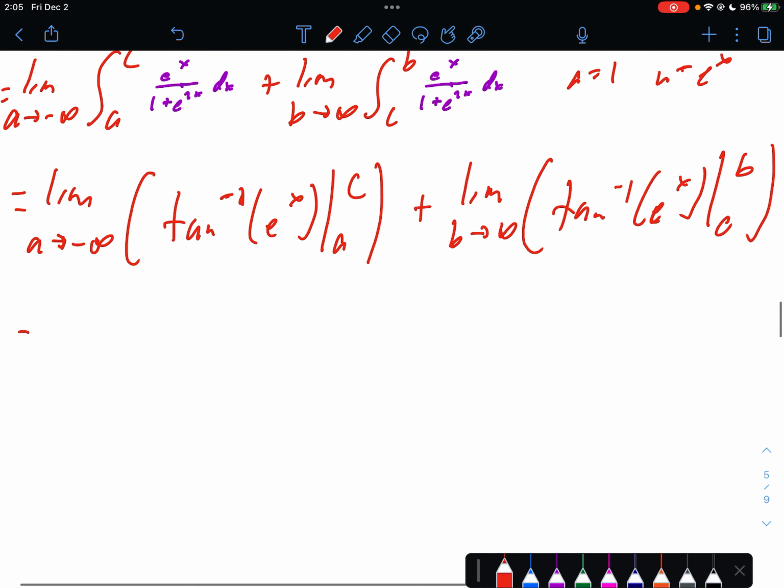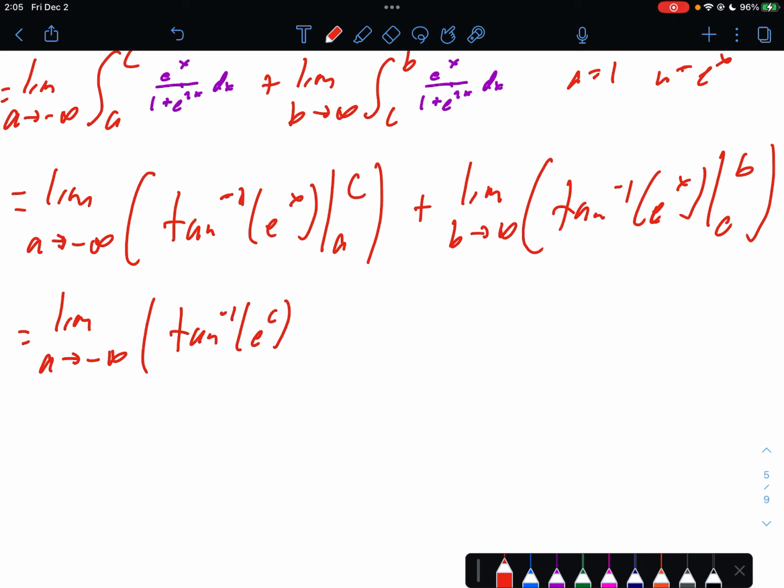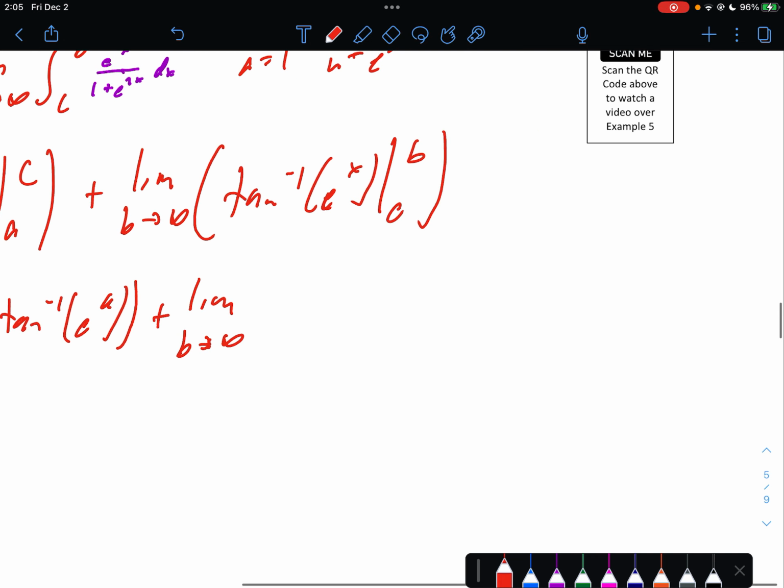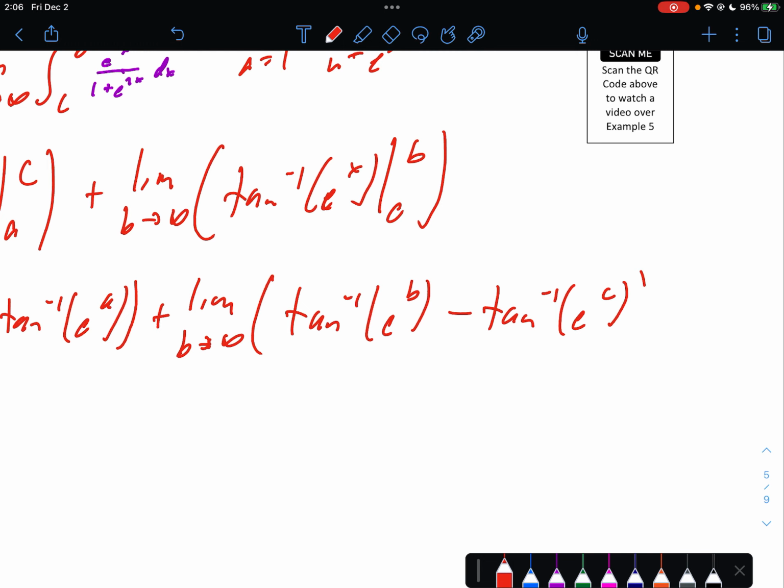All right, now we substitute in, so limit as a approaches negative infinity of tangent inverse e to the c minus tangent inverse e to the a, plus limit as b approaches infinity of tangent inverse e to the b minus tangent inverse e to the c.